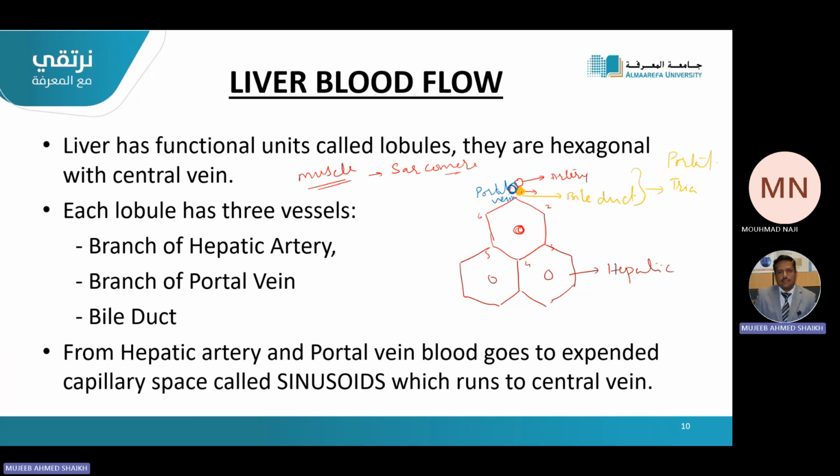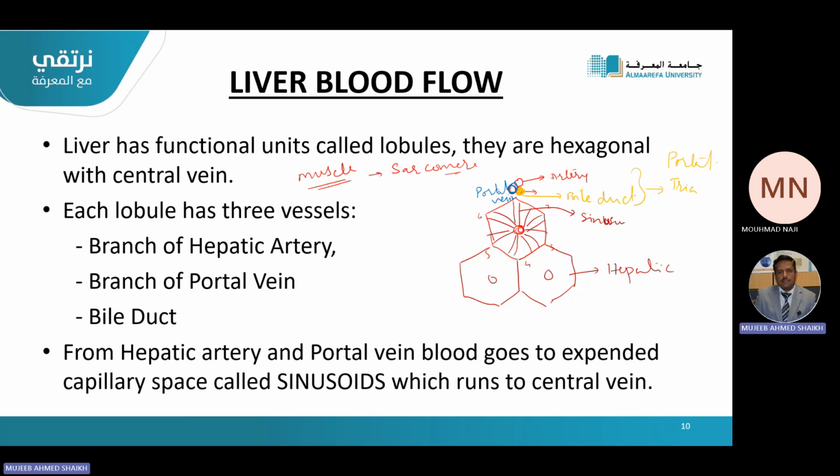And from the vein, the capillaries will start and form the sinusoids. These capillaries in the liver are known as sinusoids. So all these are sinusoids.